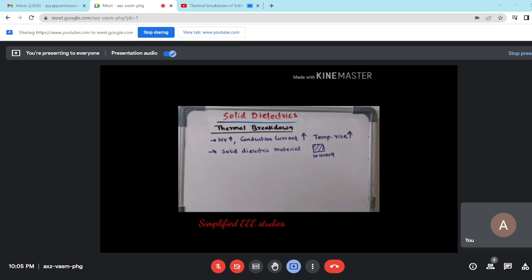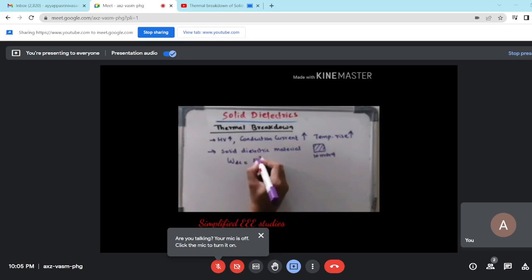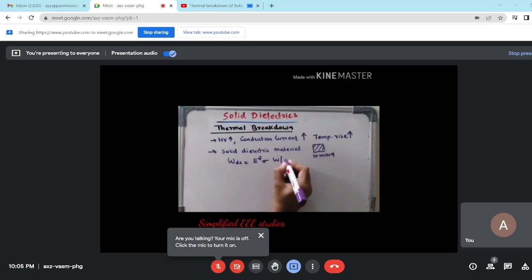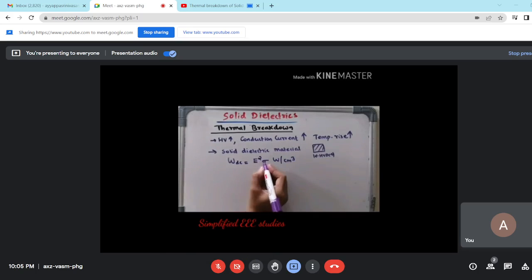You can estimate the value of heat generated inside the material, which is given by W_DC, equal to E squared into sigma watt per centimeter cube, where sigma is known as conductivity, and E is the magnitude of electric field.